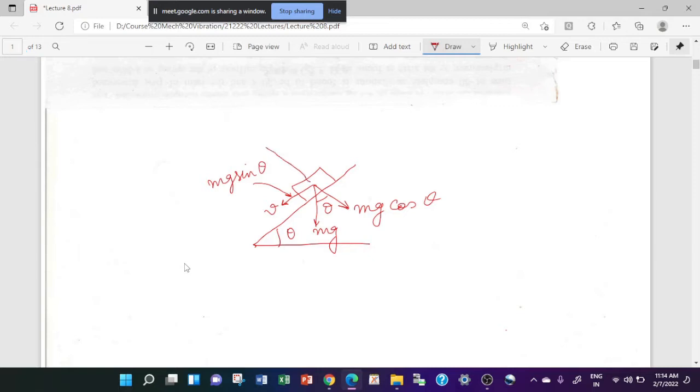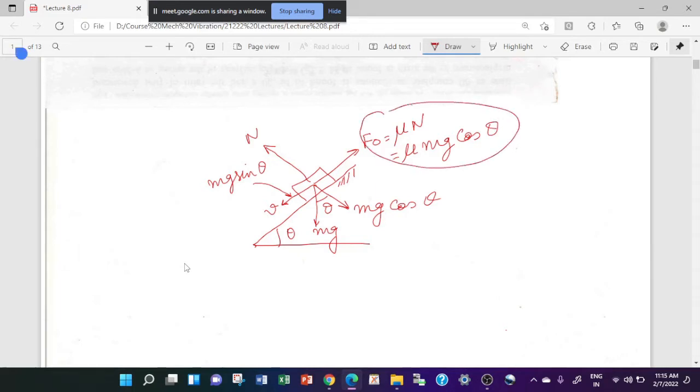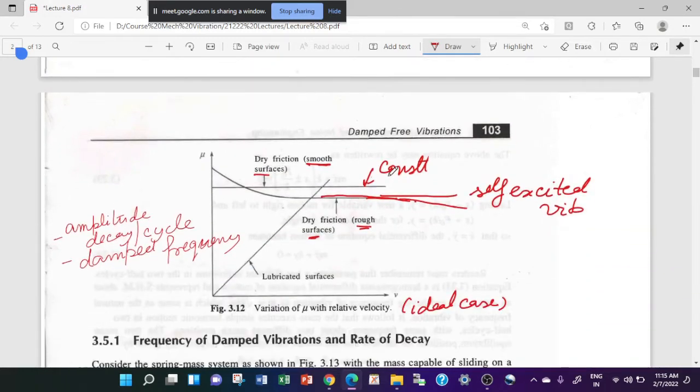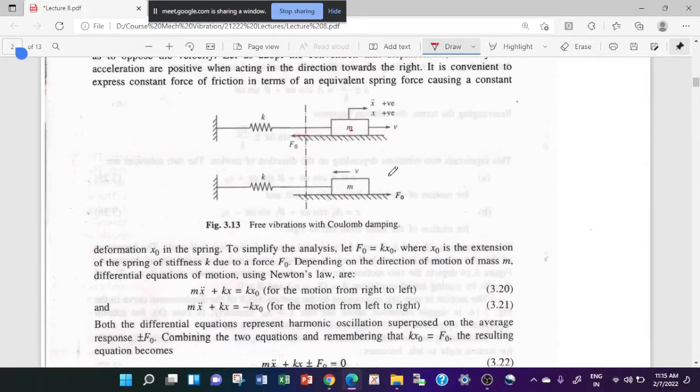Then you have a normal force to the dry surface, and a frictional force here. This F naught is equal to mu into N, which is mu mg cos theta. So for an inclined surface, you have to use this mu mg cos theta value rather than mu into mg as in the horizontal surface.